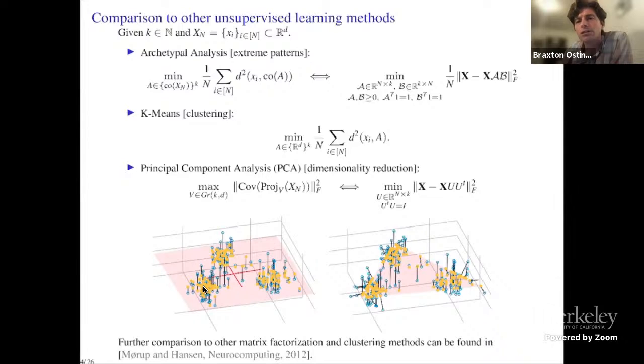In particular, if K is less than N, then this is also a lower rank approximation of X, so it can also be used as a dimensionality reduction method. Further comparison to other matrix factorization methods and clustering methods can be found in a very nice paper by Moore and Hansen from 2012, and I'll refer you there.